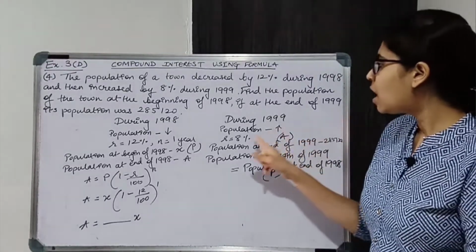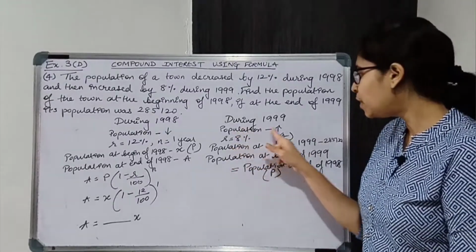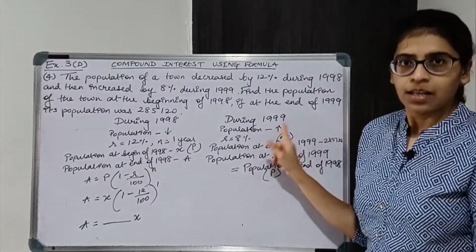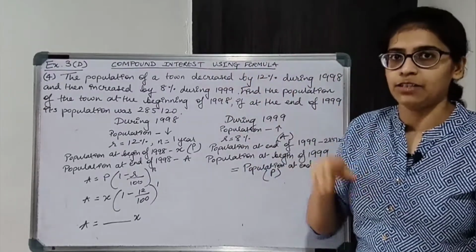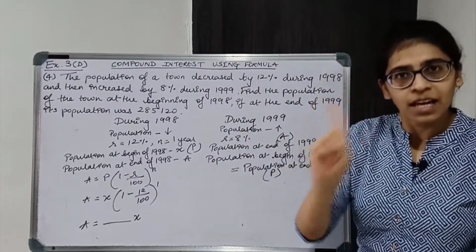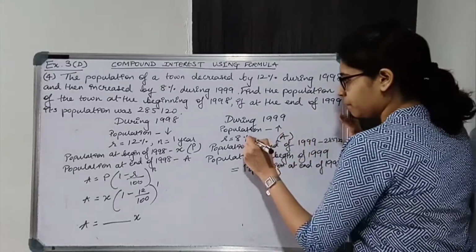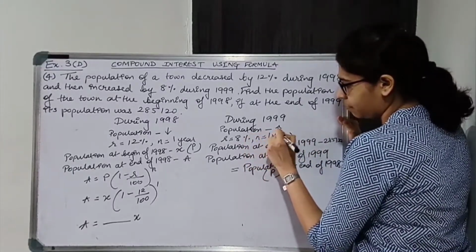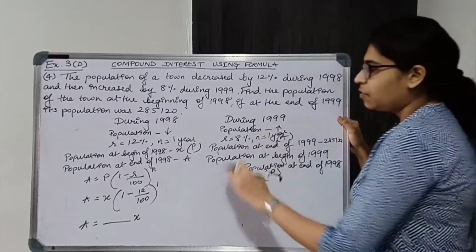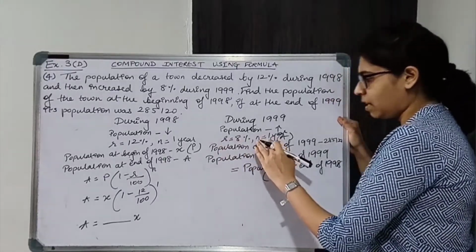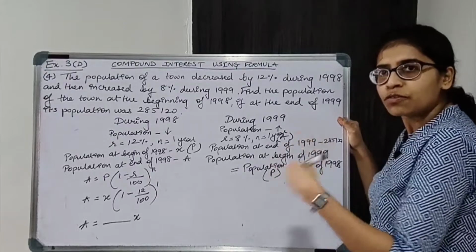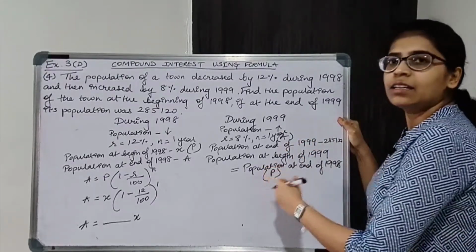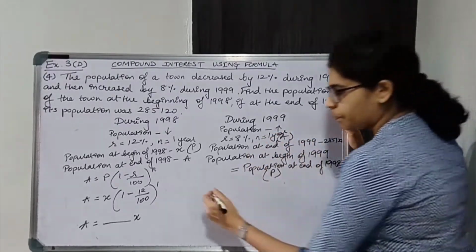2,85,120. R is 8% and population is increasing from beginning of 1999 to end of 1999. So during that 1 year, n is 1 year. We know R, we know n, we know A, we know P also in terms of x. We can easily solve this.